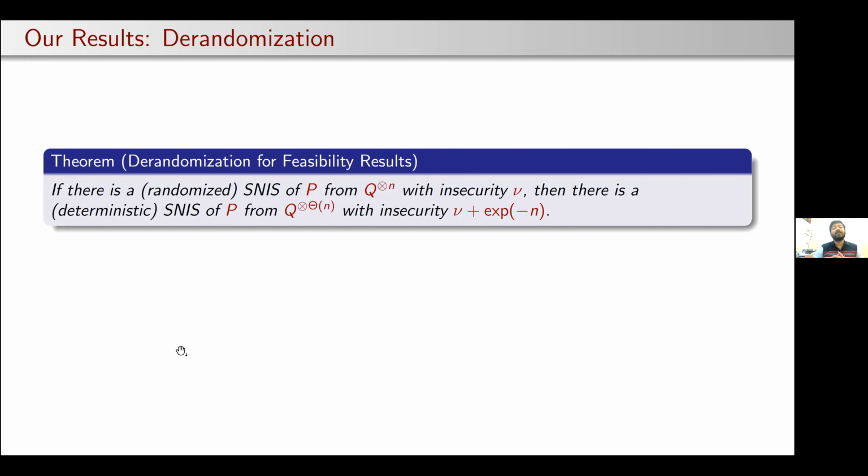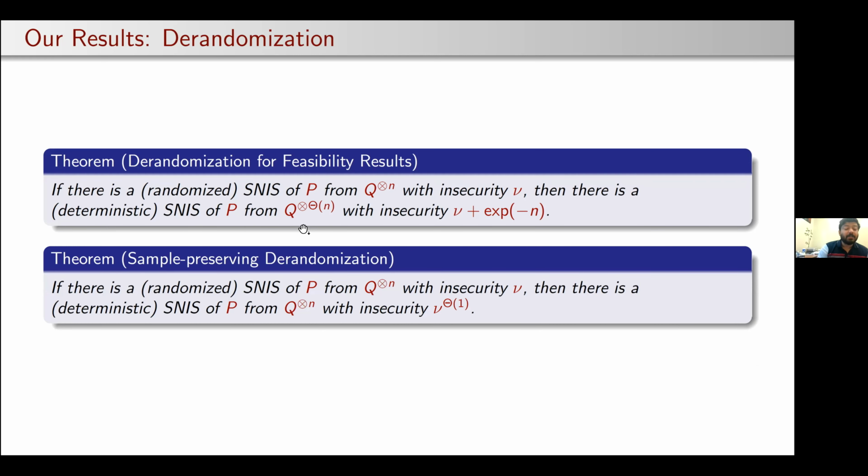So let me mention some representative results that I will present in this talk. First, we show that access to private randomness is in fact useless. That is, if there is a randomized secure non-interactive simulation of a target from a source, then there exists a deterministic simulation of the same target using some additional number of source samples.